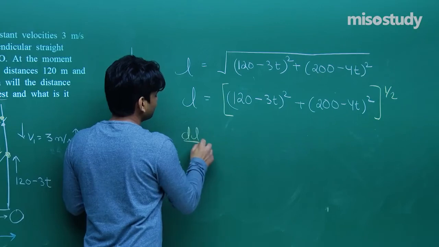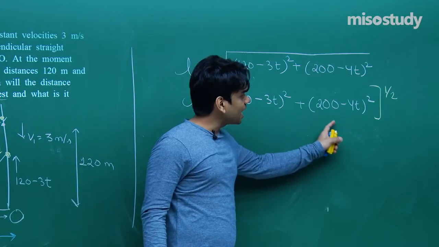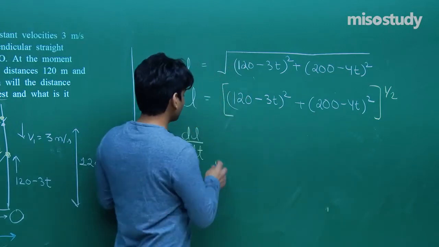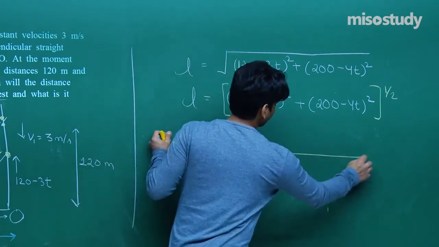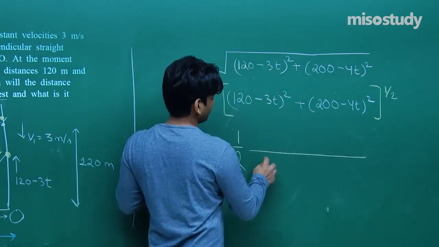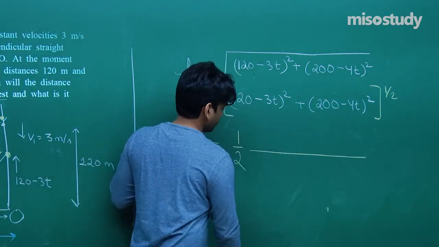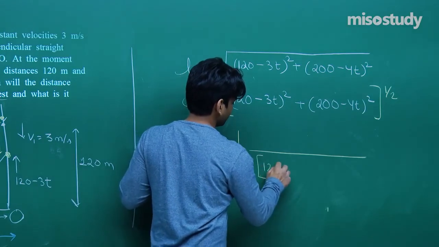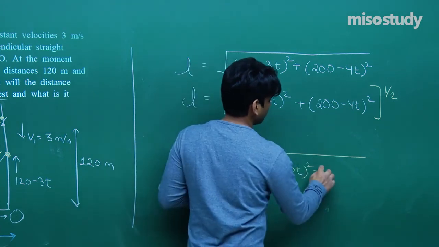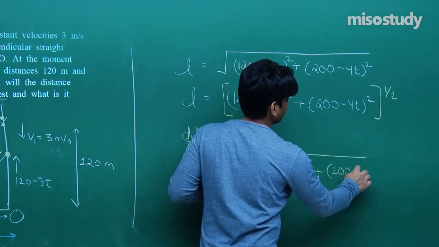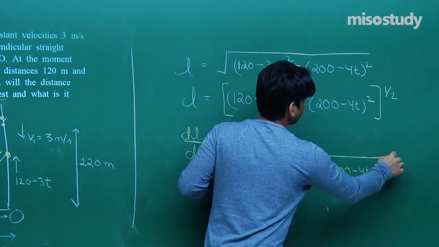So dL by dt will be half, the entire thing to the power minus 1 by 2. So first of all, the first part will be half, and then under root of this entire thing, (120 minus 3t) whole square plus (200 minus 4t) whole square, power 1 by 2.